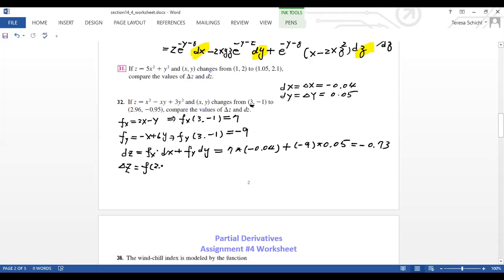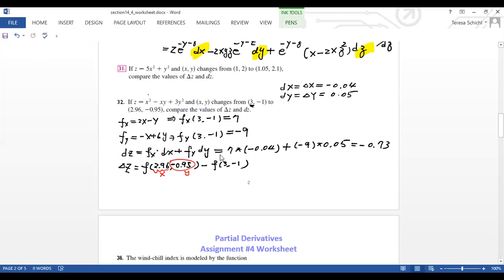Now the delta z here, you just plug in the true numbers. So this is f of 2.96, negative 0.95 minus f of 3 and negative 1. So this will be your x number, and this will be your y number. You plug that back into your function, right?